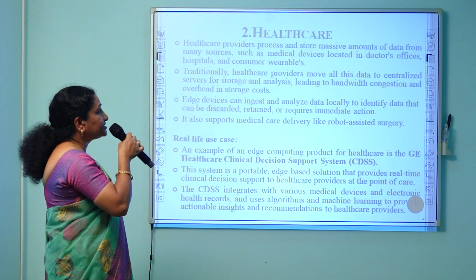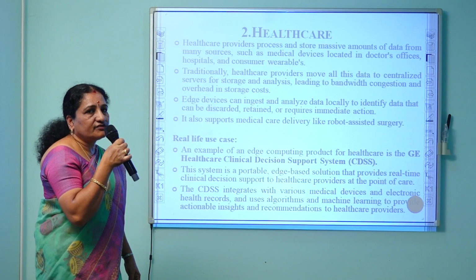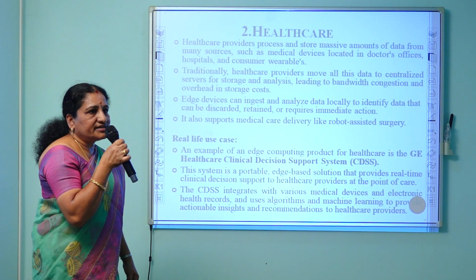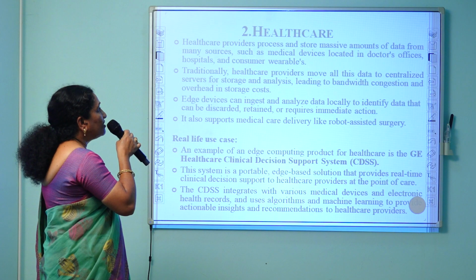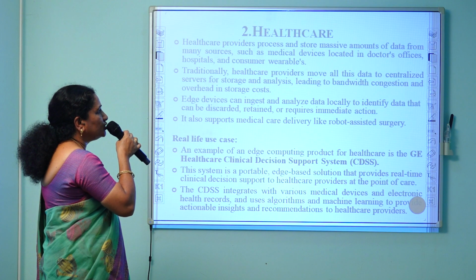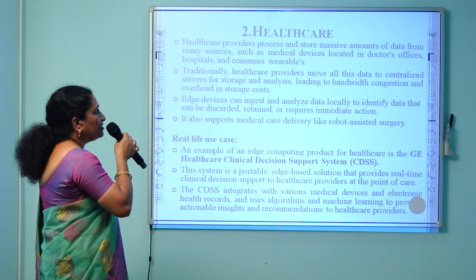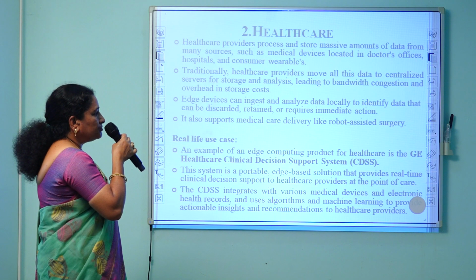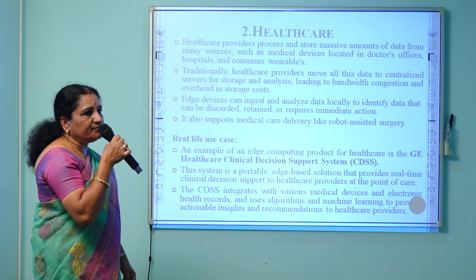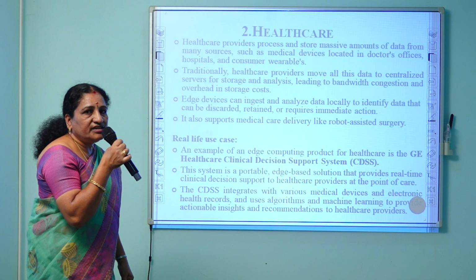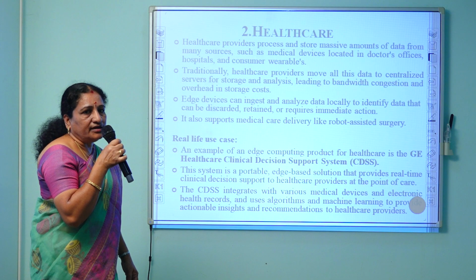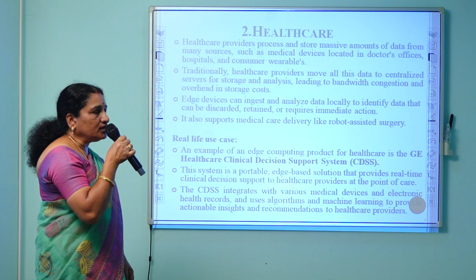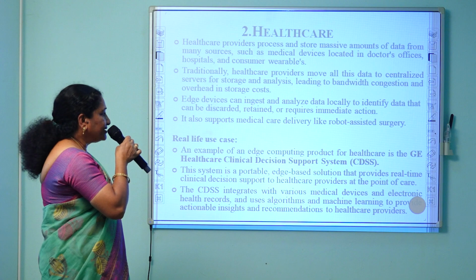The second example is healthcare. Lots of healthcare data is generated from medical devices located at doctors' offices, hospitals and consumer wearables. Transmitting these data over a long distance takes a long time, which is a drawback, and latency is also high, so they are using edge computing in healthcare technology.